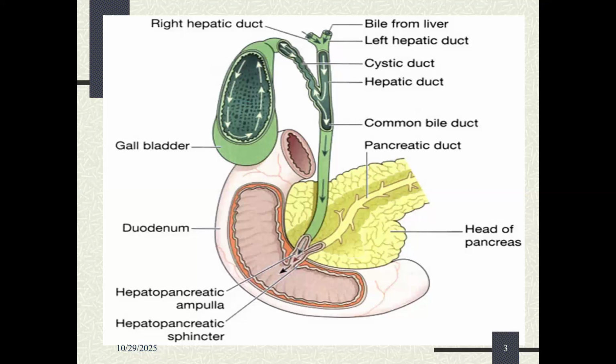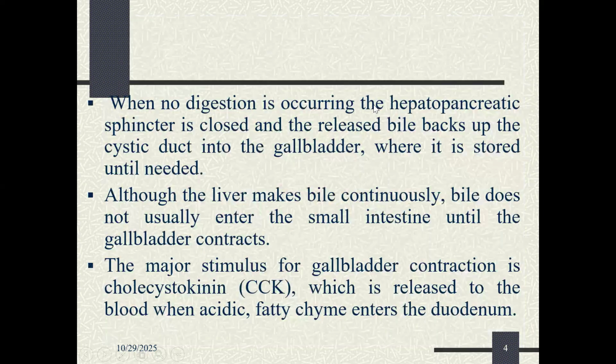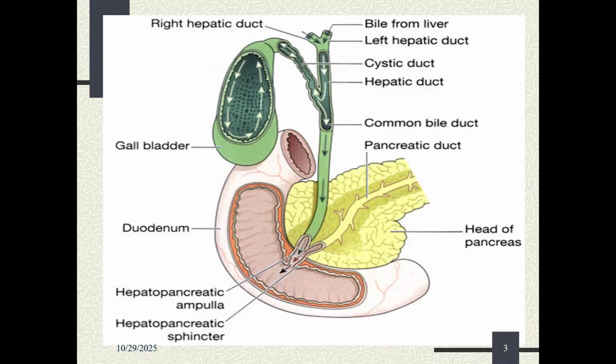If you look at the hepatic duct, there is movement. As you can see, there are arrows pointing downwards. As we can see from the arrows, they are showing that the bile moves from the liver. It goes through the right and the left hepatic duct into the hepatic duct.